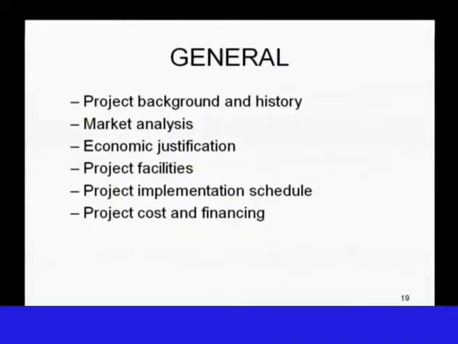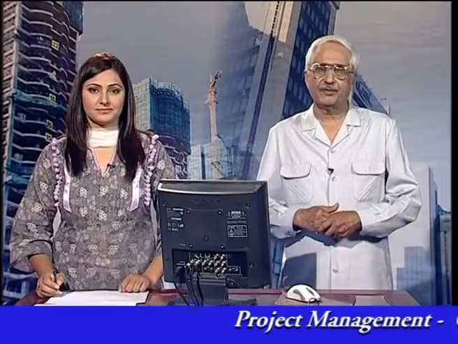Project implementation schedule. This will be studied in great detail, therefore we leave it here because we'll be studying networking and scheduling separately. Now, of all what we have studied right now, the next question that arises is what is included in project implementation schedule? This includes scheduling all activities in order.